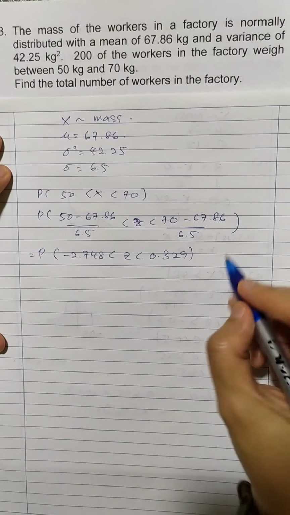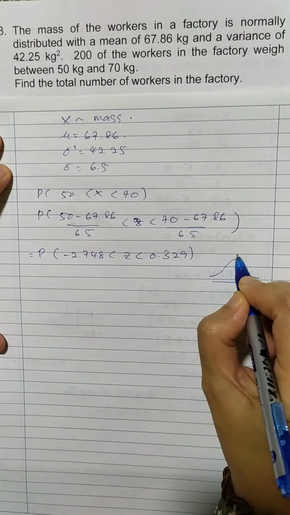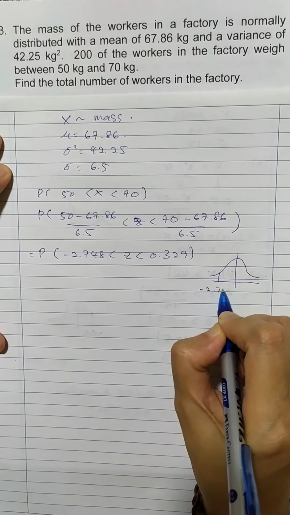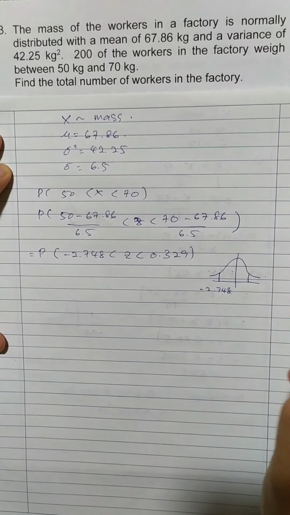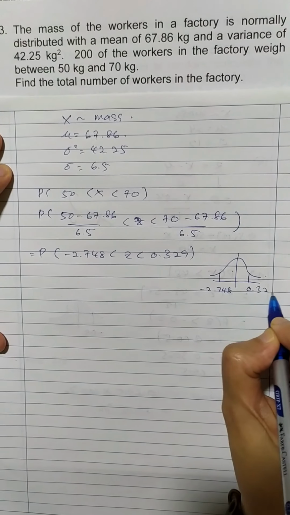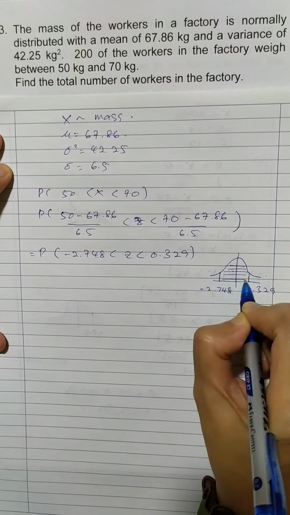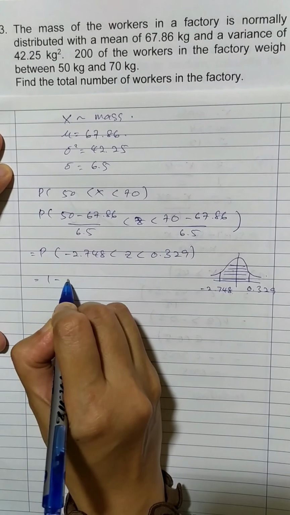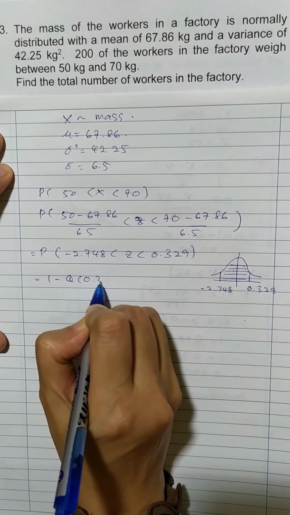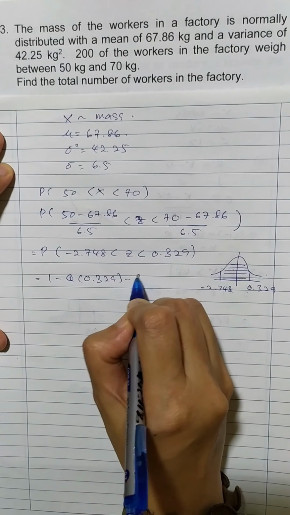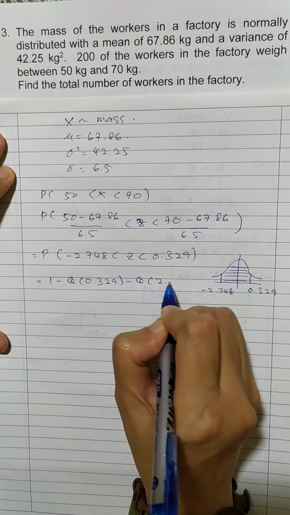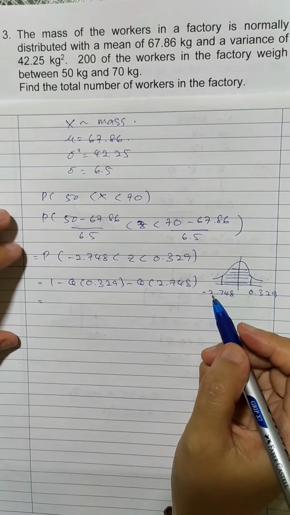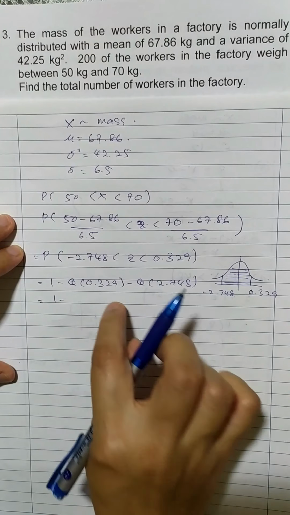Then we draw the normal graph. Negative is at the left side, positive is on the right side, and between is right here. So this probability is 1 minus Q(0.329) minus Q(2.748). By using the table or calculator, you get the value of the probability.